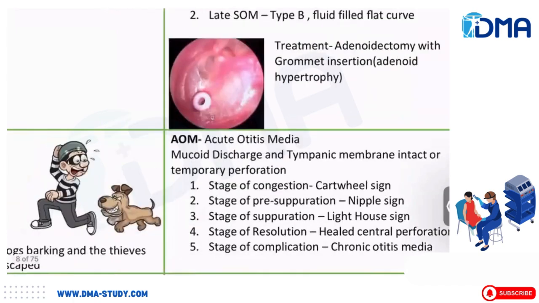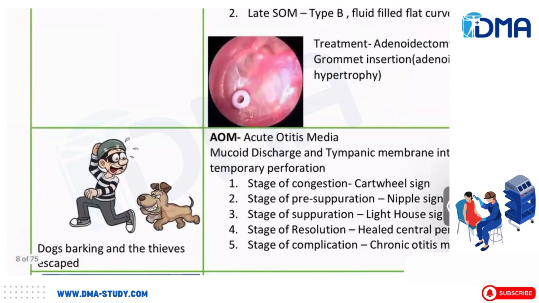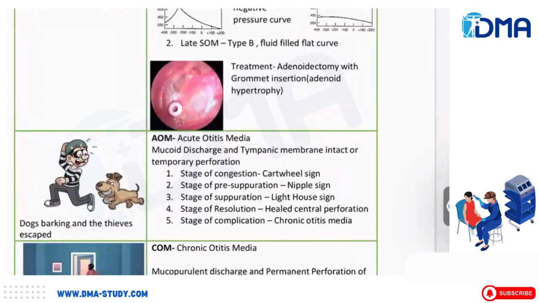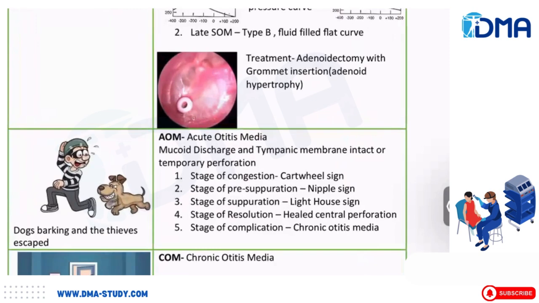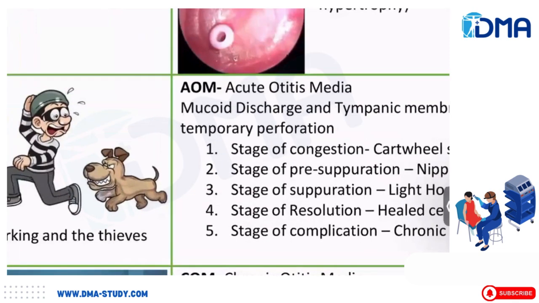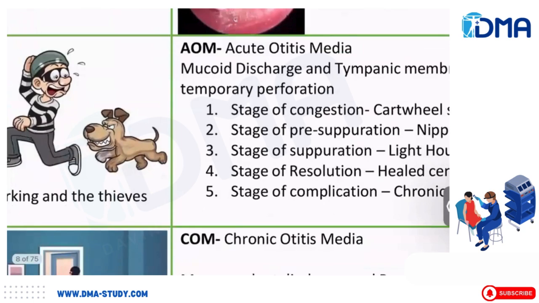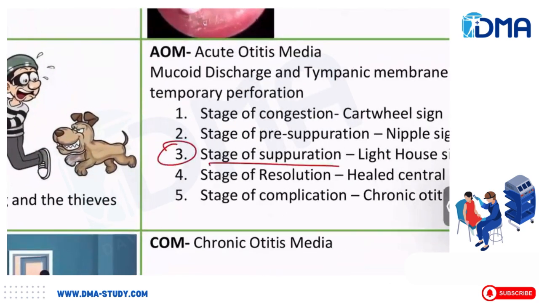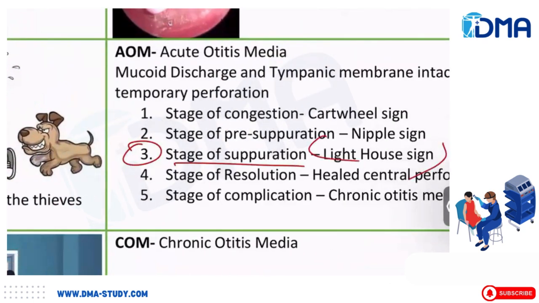The second thing is the TM getting involved and inflamed. Inflammation of the tympanic membrane is called acute otitis media. In acute otitis media, we have a few stages. You should know only the important signs. The sign of suppuration is the lighthouse sign. From the nasopharynx, the infection has entered into the middle ear.